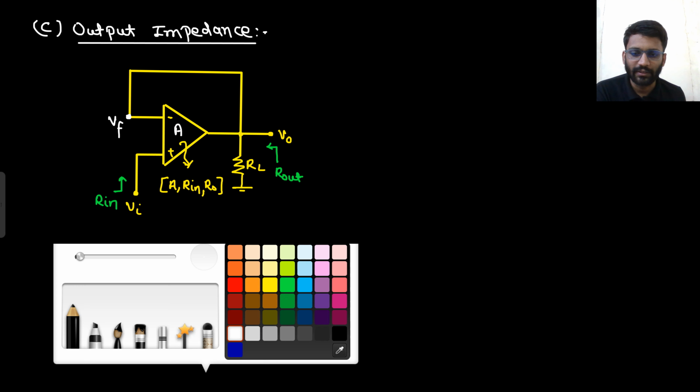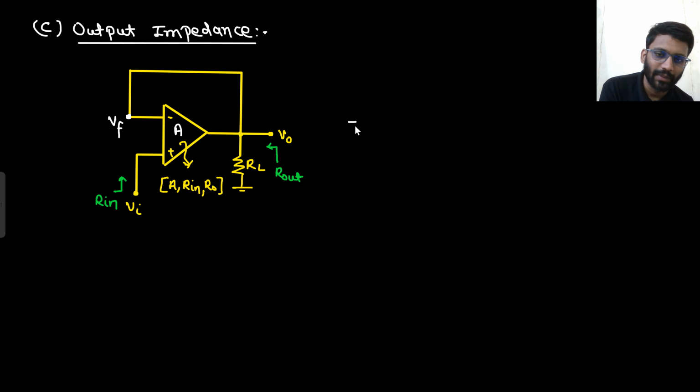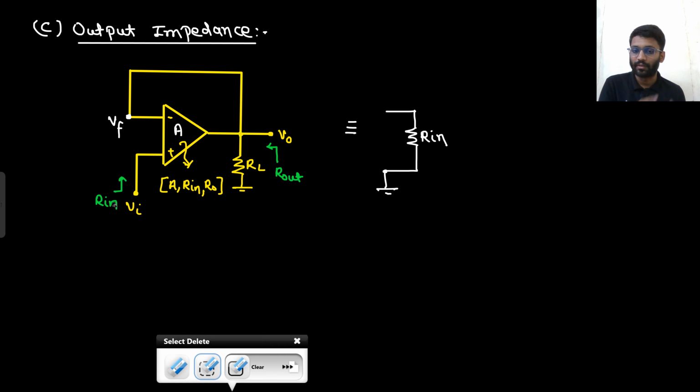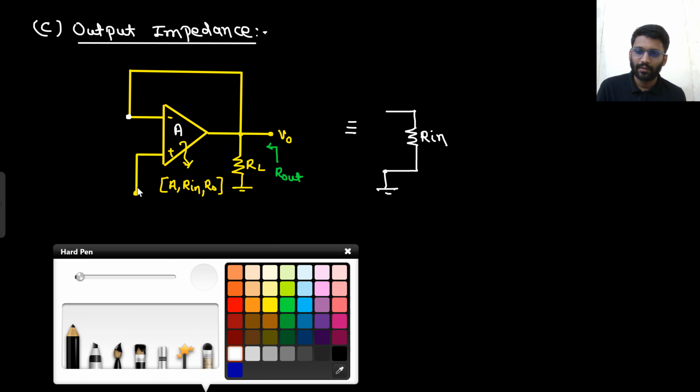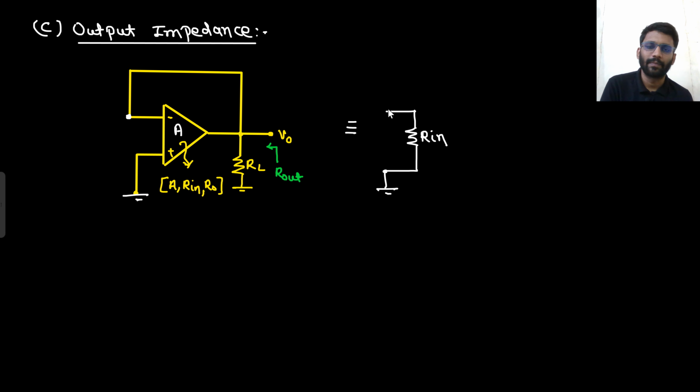I think I should draw the internal structure as well. So how will the internal structure look? This is your Rin, which is of no use actually, and this V in is shorted because I am calculating Rout. So V in is shorted. This V in is gone. This node is already V naught.